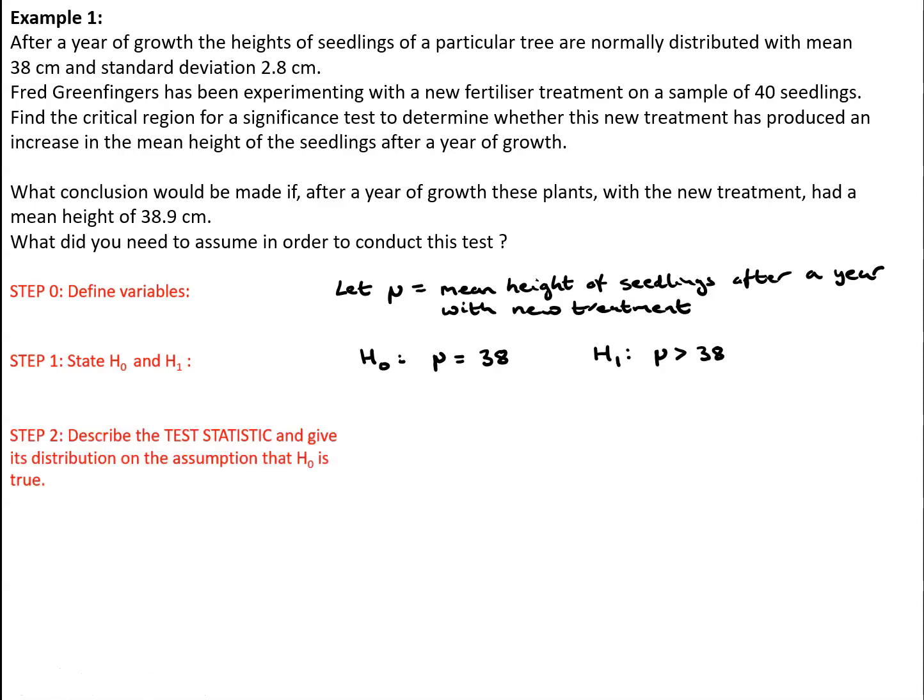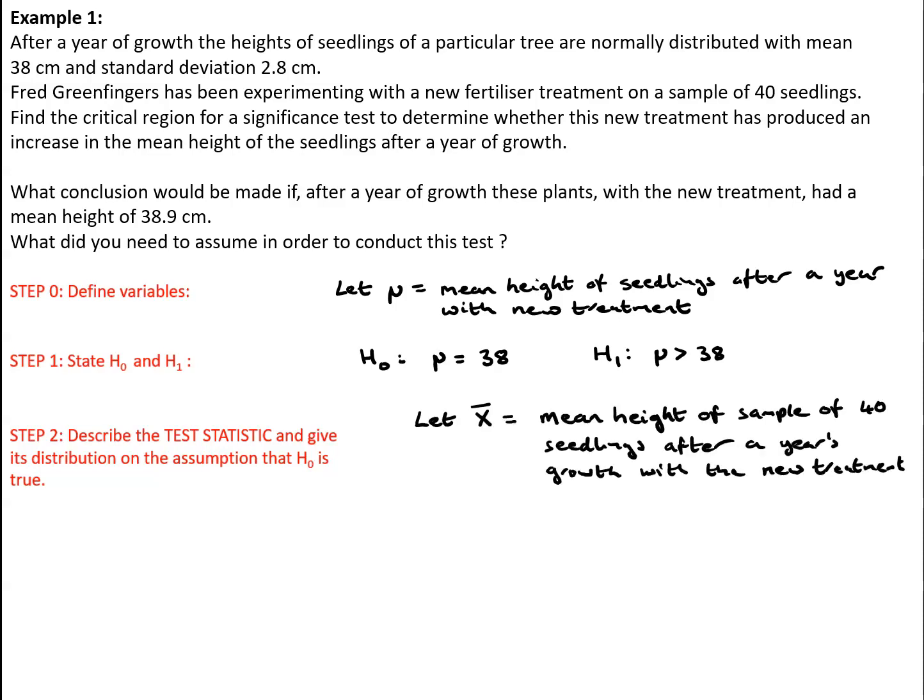We now need to state the test statistic and give its distribution on the assumption that the null hypothesis is true. Well, the test statistic is the mean height of a sample of 40 seedlings after a year's growth with the new treatment.